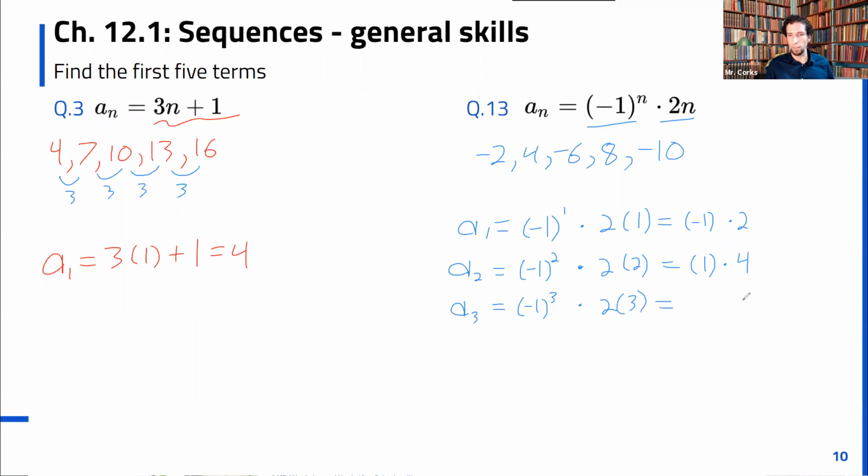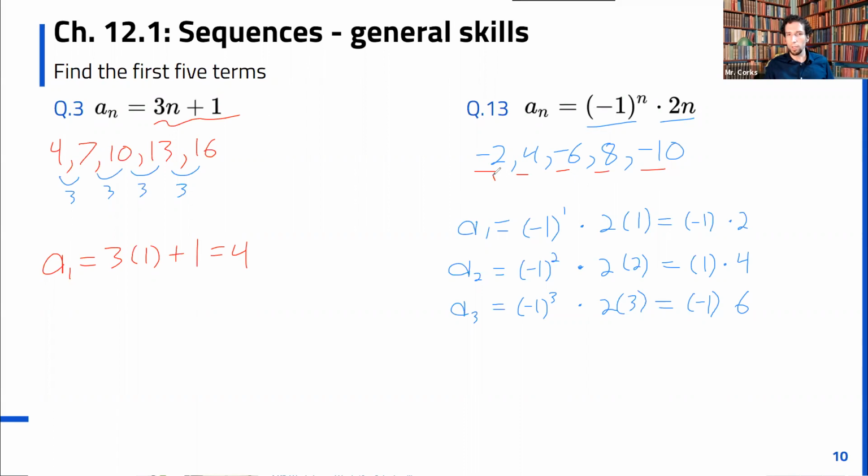So that's a 6. But the negative 1 part will actually be negative, because negative 1 times negative 1 is positive, but then times 1 more negative 1 becomes negative again. So that's how we get this pattern of negative, positive, negative, positive, negative.